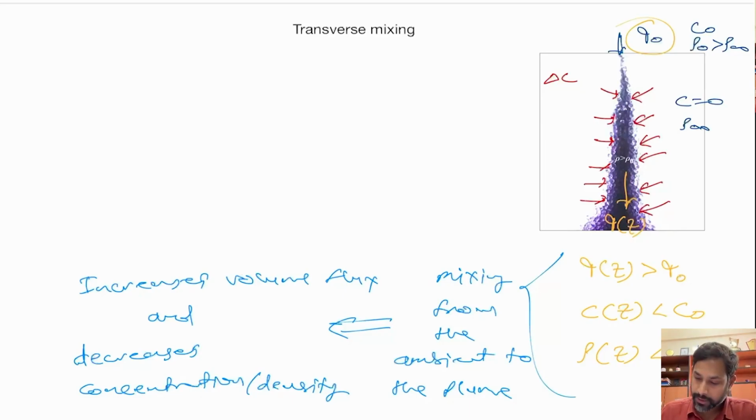And we call this term transverse mixing because it is happening in the transverse direction. So the majority of the flow is happening in the vertical direction, that is the longitudinal direction, right? But the mixing happens in the transverse direction. And why exactly is that happening?